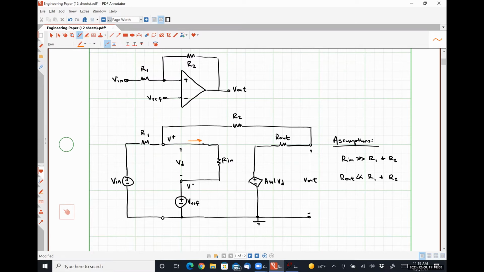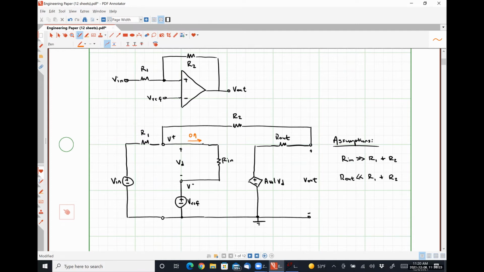The assumption that Rn is much greater than R1 and R2 means this current has to be 0 amps or very, very close to 0 amps, right? No current. So if we say that this input voltage is going to cause some current to flow through resistor R1, practically none of it is going to branch off and flow through the input resistance. All of it's going to flow around that loop. All right.